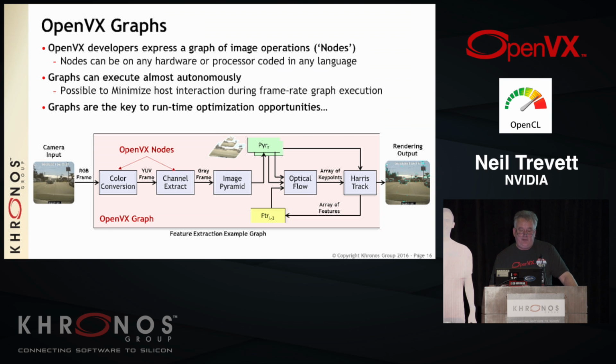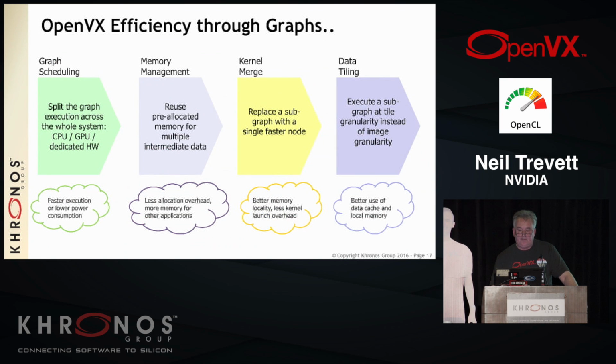So OpenVX has been constructed so that once the CPU is engaged to build the graph, you can pretty much then run the graph autonomously, with a very small amount of ongoing CPU processing needed to actually run the graph. The graph can be self-running.